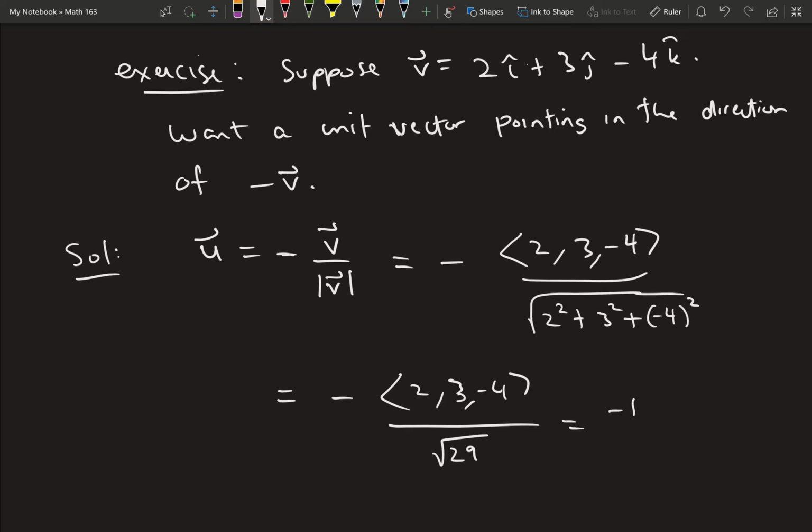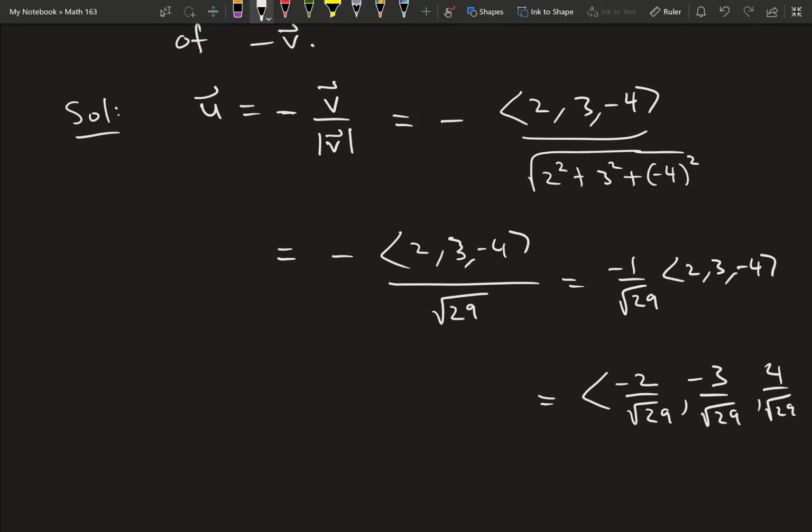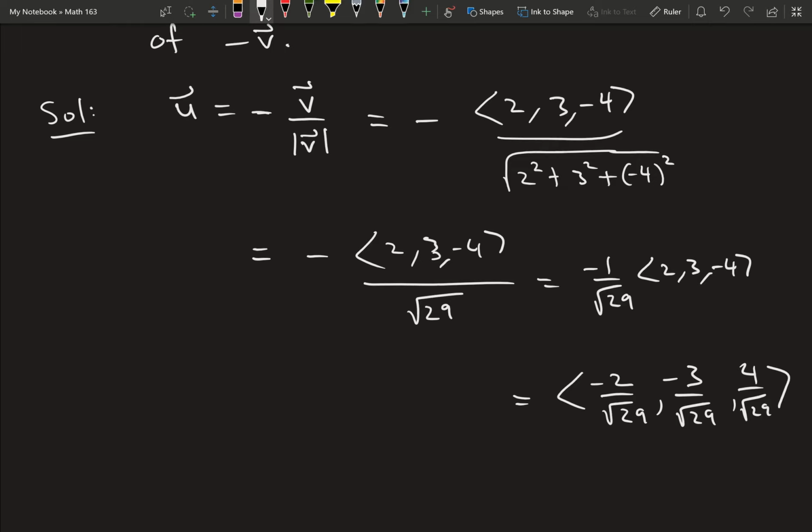So this is negative 1 over root 29 times 2, 3, negative 4, or negative 2 over root 29, negative 3 over root 29, 4 over root 29.